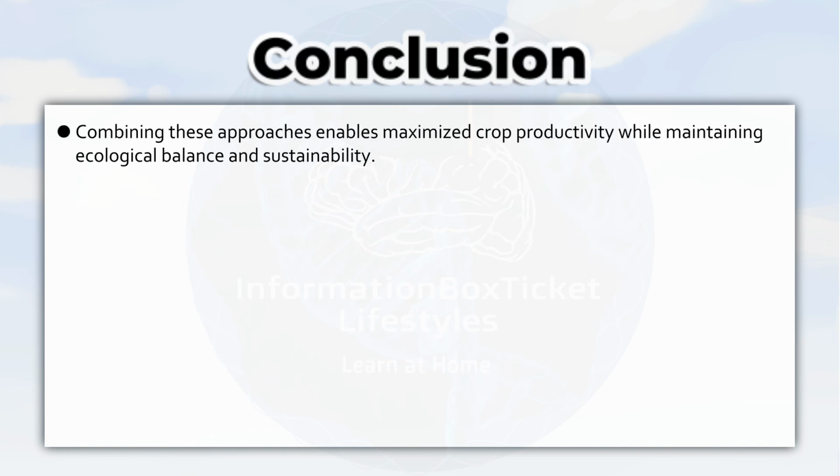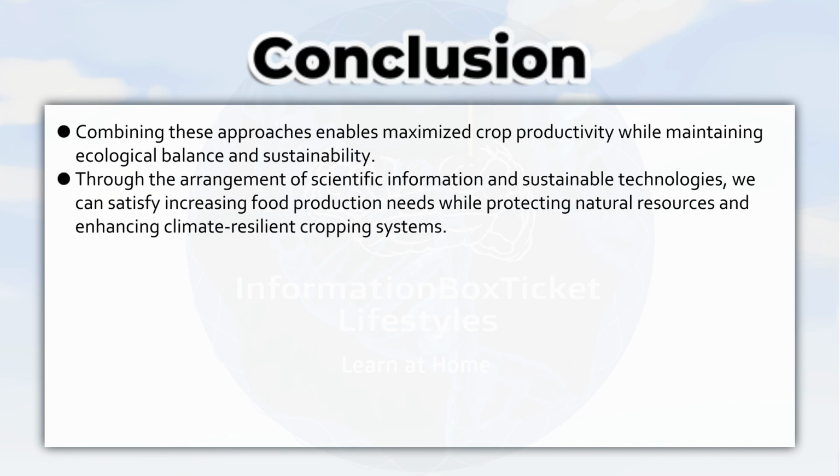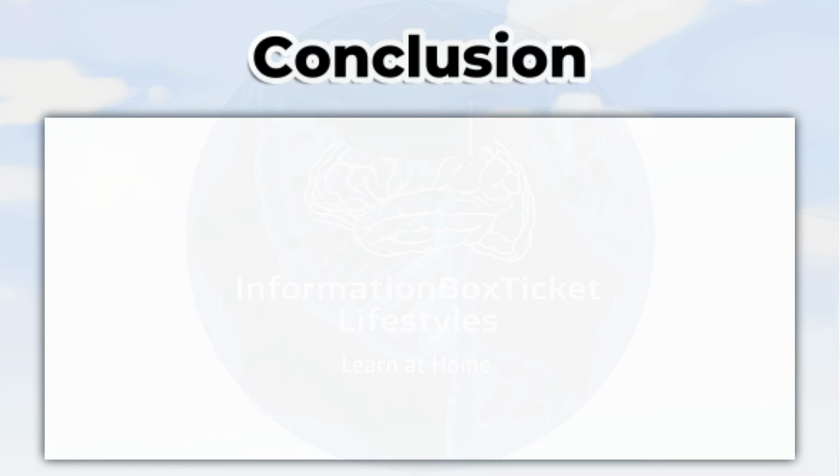Combining these approaches enables maximized crop productivity while maintaining ecological balance and sustainability. Through the arrangement of scientific information and sustainable technologies, we can satisfy increasing food production needs while protecting natural resources and enhancing climate-resilient cropping systems.